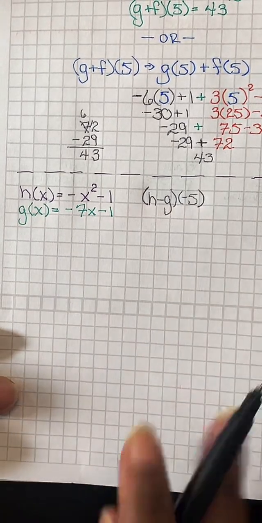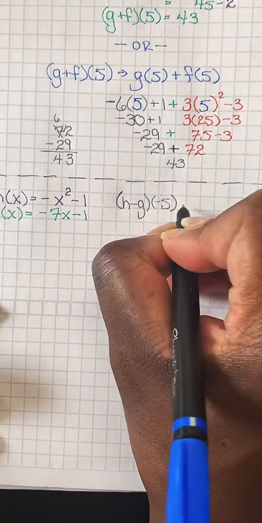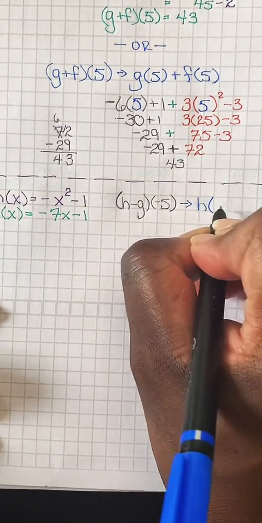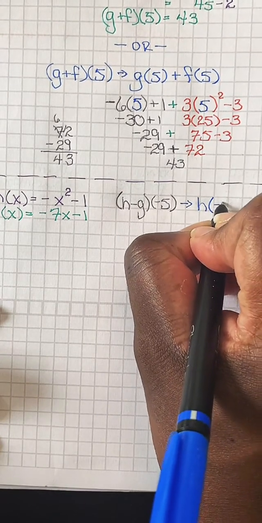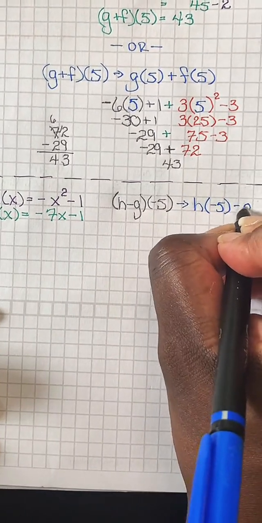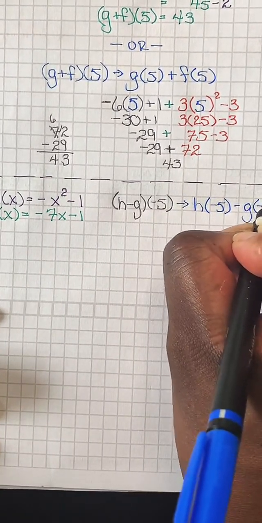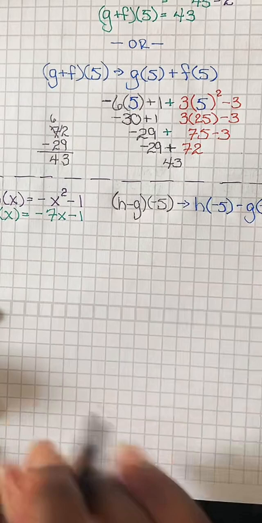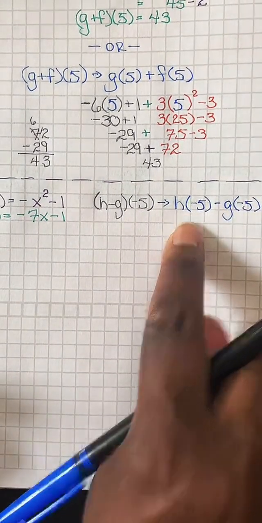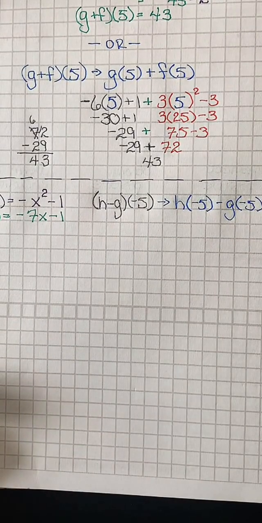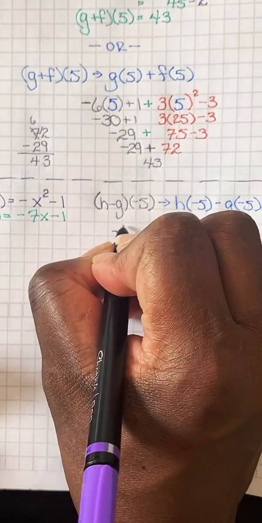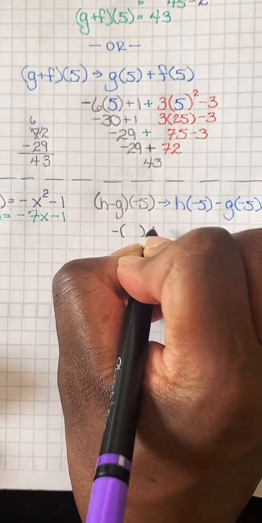So we can also rewrite this as: we want to know when the h function has an x value of -5, and we're going to subtract when the g function is also at -5. All we're going to do is take the h function, and where we see an x, we're going to put a -5.